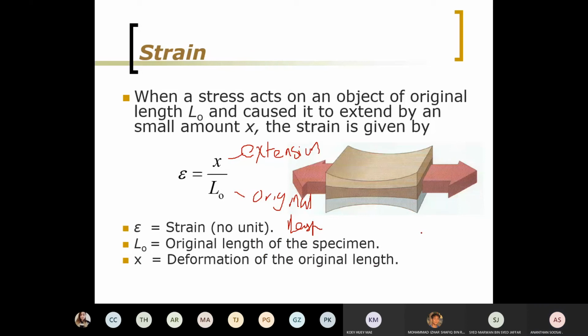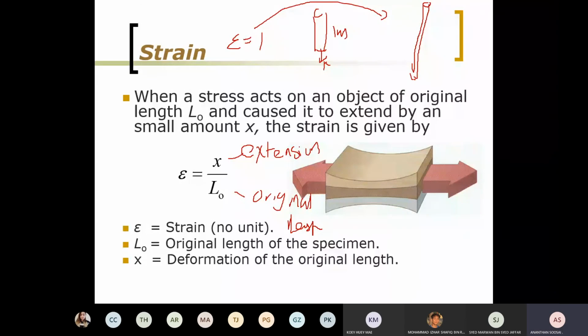Let's say you have a wire. A force is applied until the strain is 1. Let's say the original length is 1 meter. What is the new length of the material after the force is applied, if strain is 1? Strain is 1 means extension over the original length is 1.